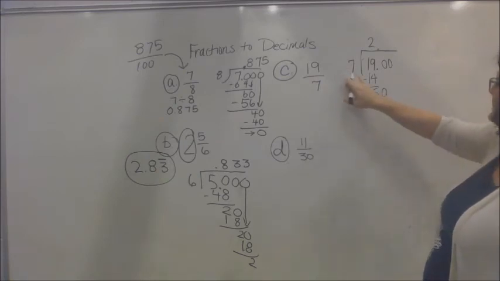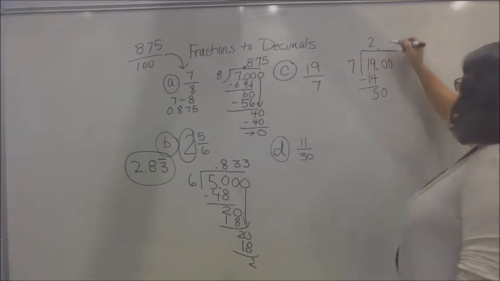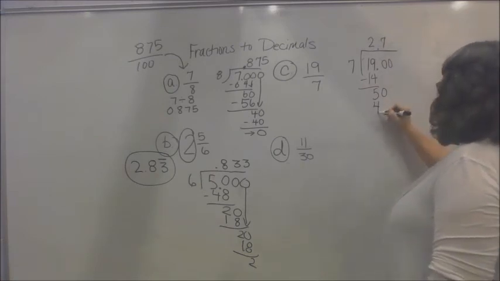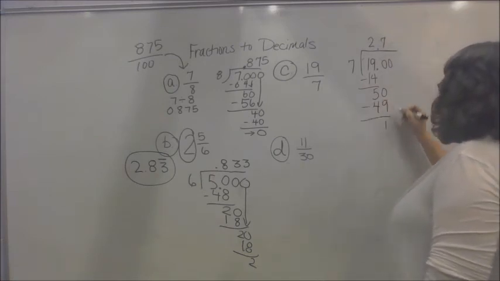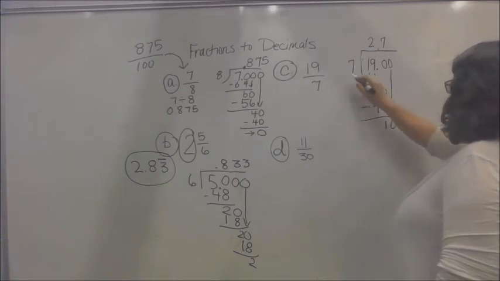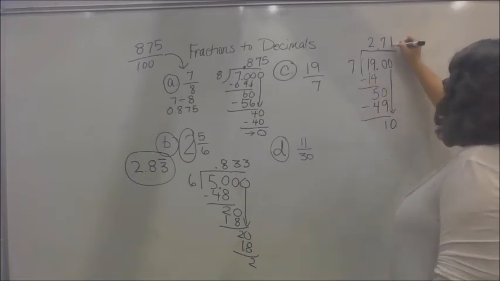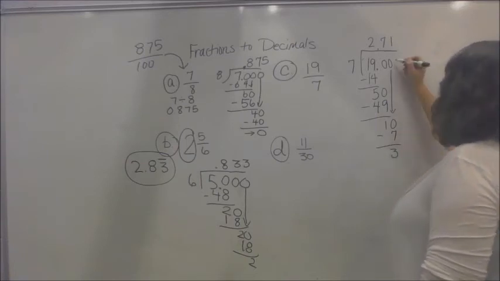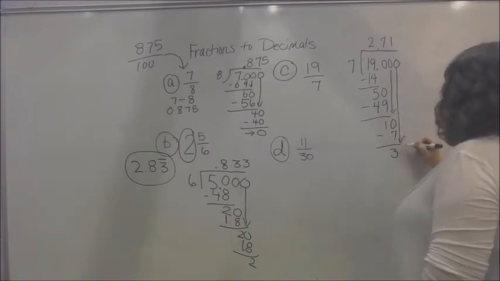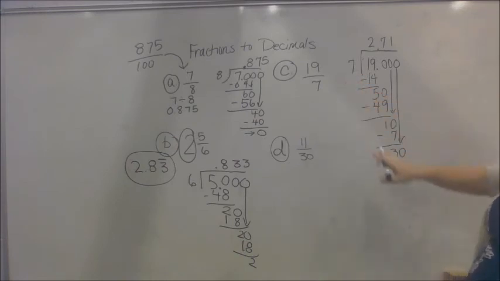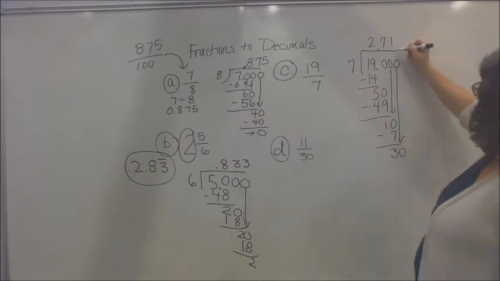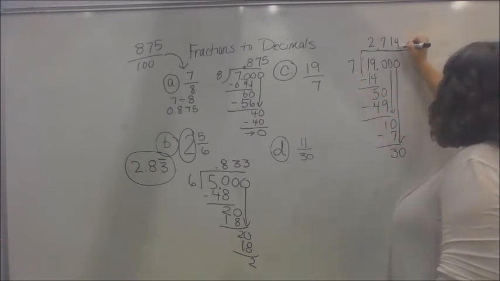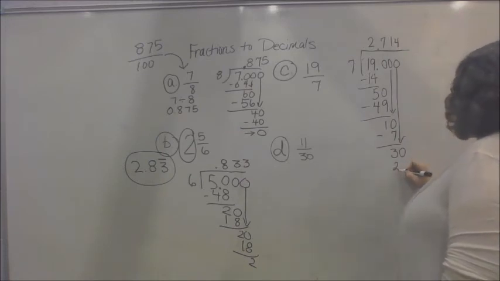Okay, 7 goes into 57 times, which is 49. 7 goes into 10 1 time, which is 3. Oh my goodness, it looks like it's going to go on forever. 7 goes into 34 times, which is 28.